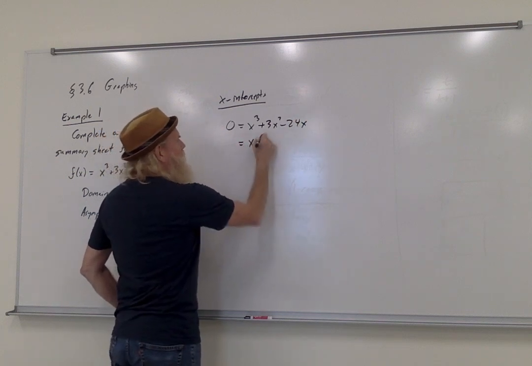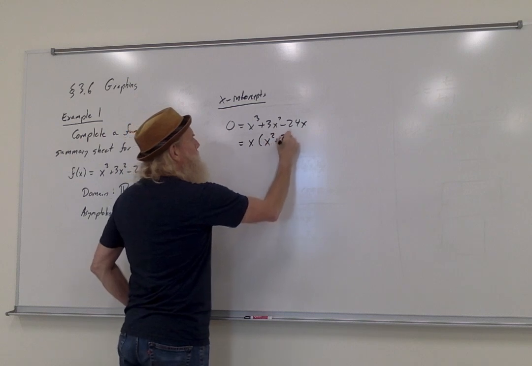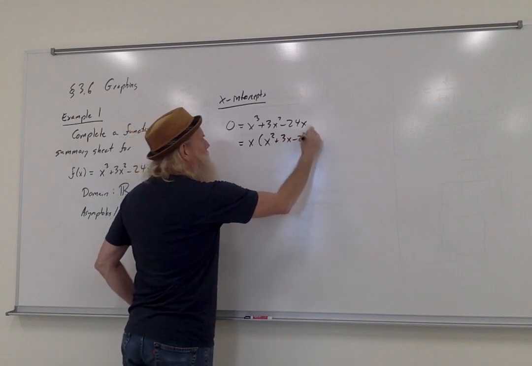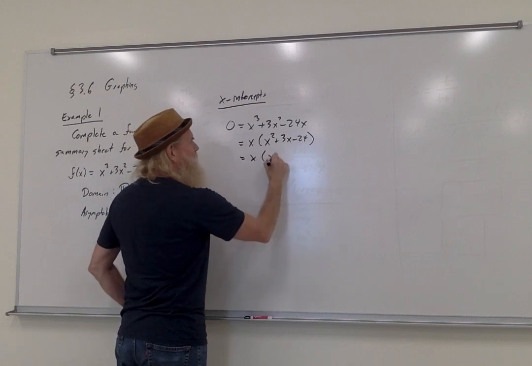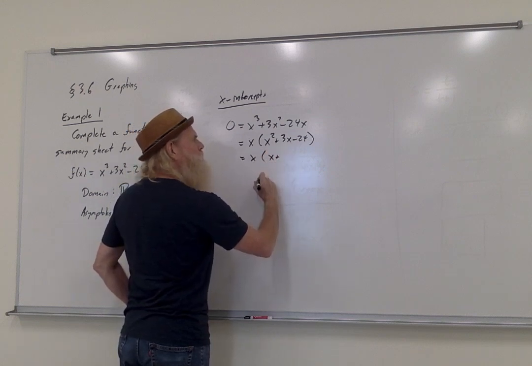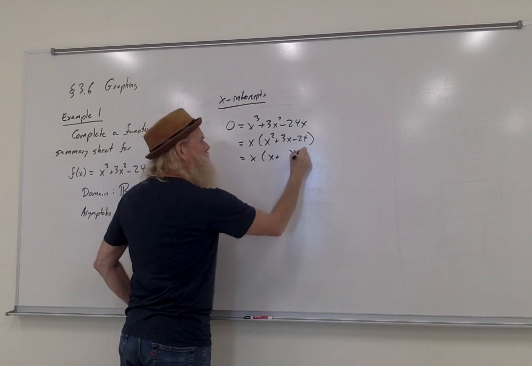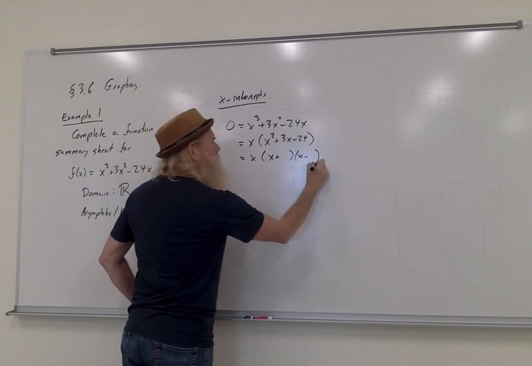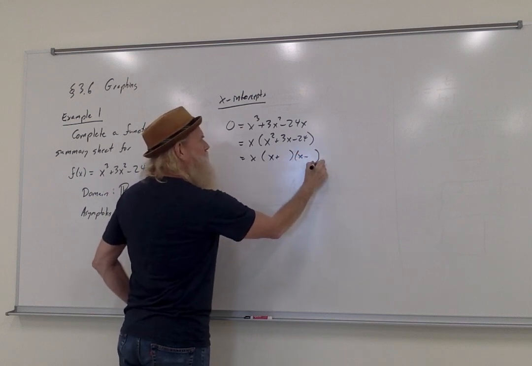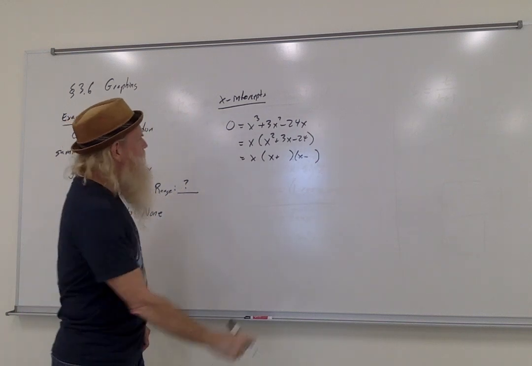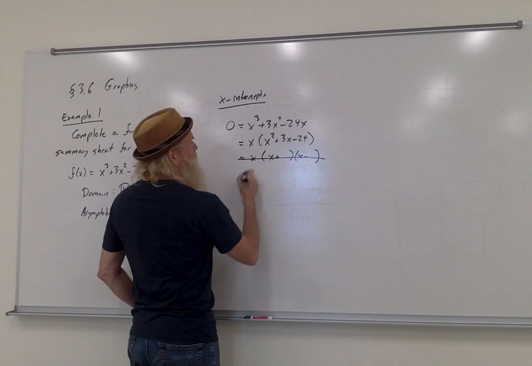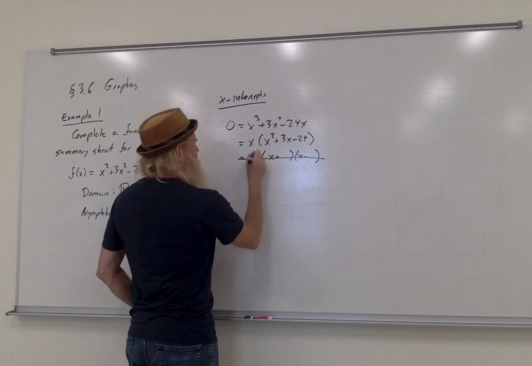First of all, we can factor out an x. And then the remaining trinomial is a quadratic. This doesn't factor, so let's use the quadratic formula for this part.